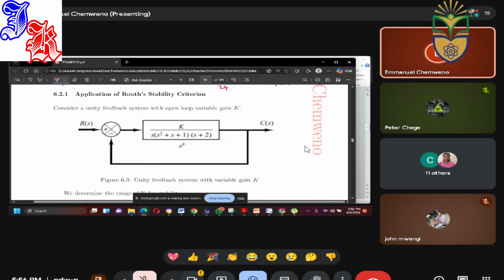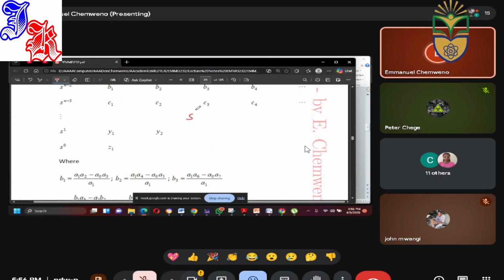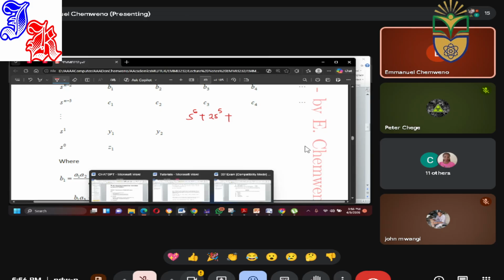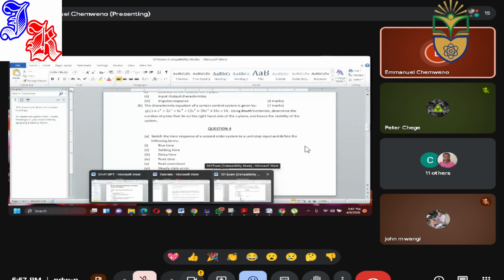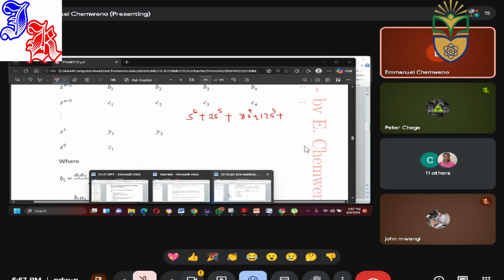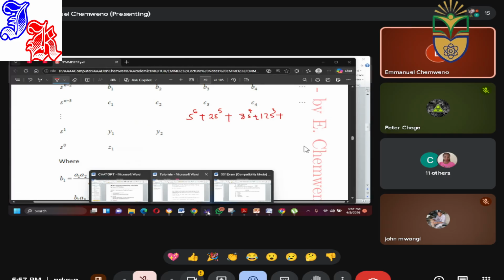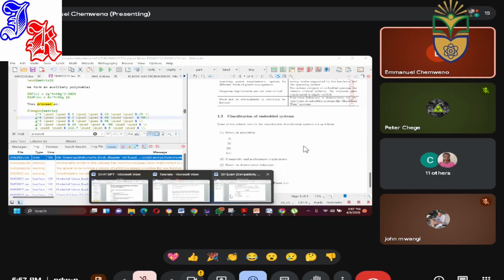S to the power 6 plus 2s to the power 5 plus 8, 12, 20, 16, 16.